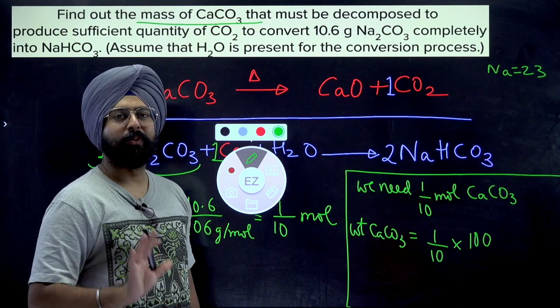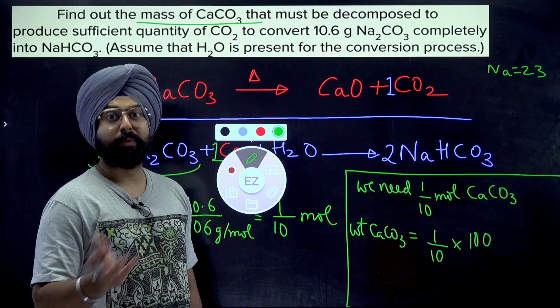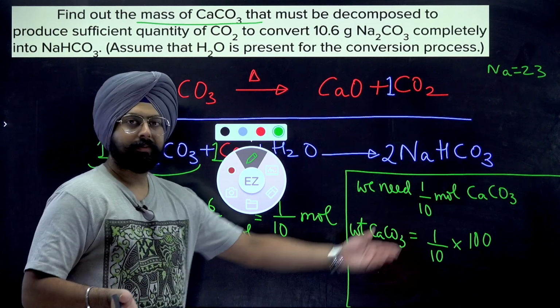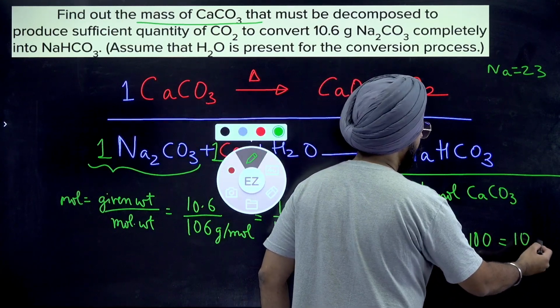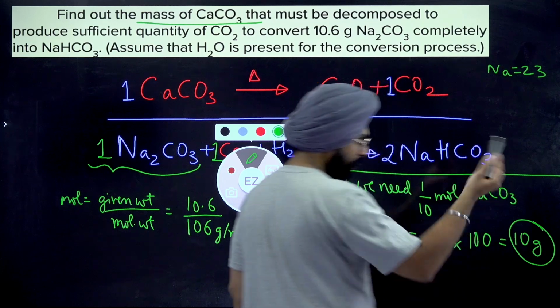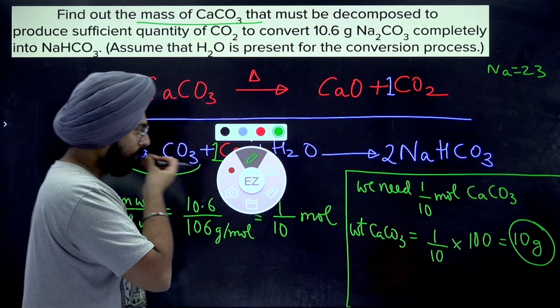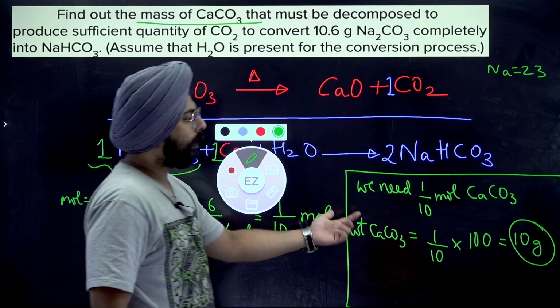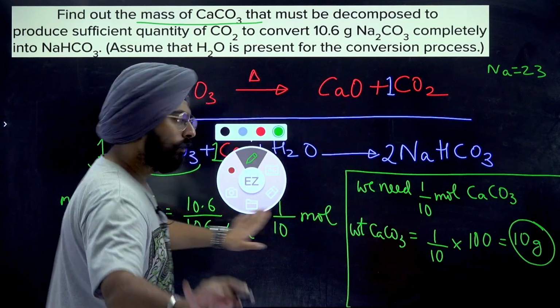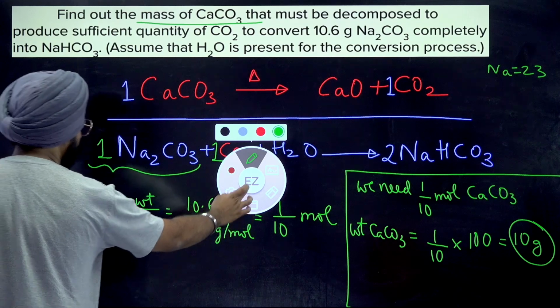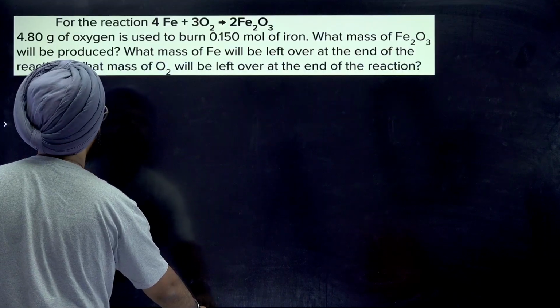Calcium is 40. Carbonate on the other hand is 60. So this comes out to be 10 grams. So weight of calcium carbonate that we need to start with is 10 grams. Very simple. Let's do another question.